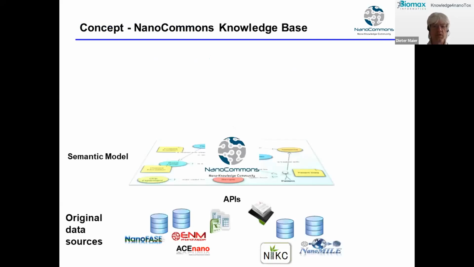So what's the concept of the NanoCommons knowledge base? The idea is to provide an interoperability and integration hub that technically allows us to link existing information in different ways. The existing information can be existing databases, data warehouses that have been produced in some projects already.